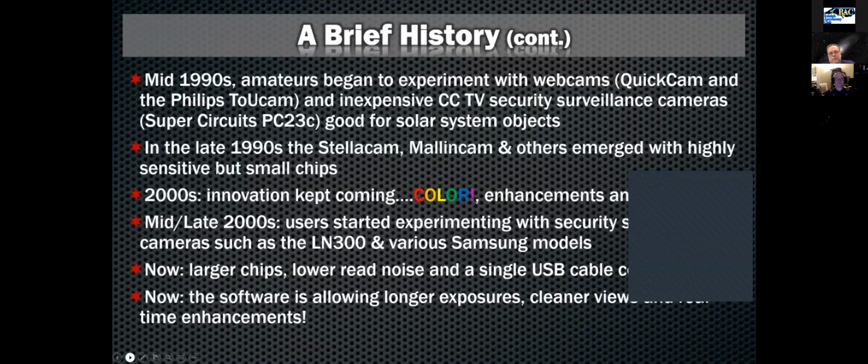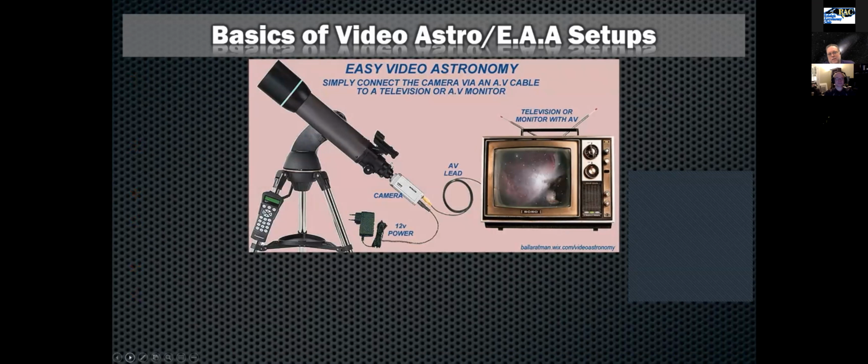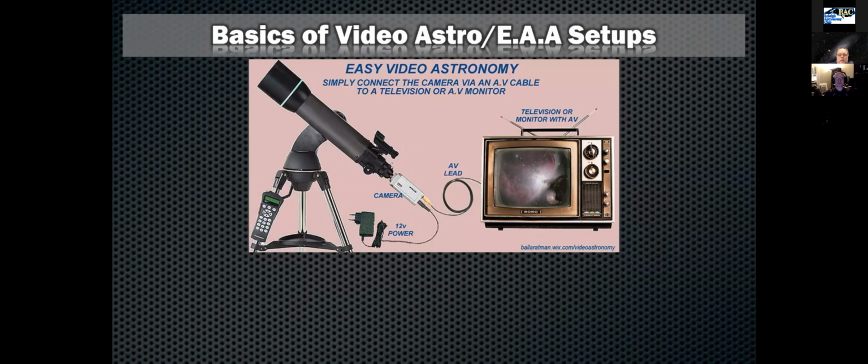Okay, so what does a setup for EAA look like? When you just have pretty much a standard analog camera, you have your scope, and then you've got your camera.